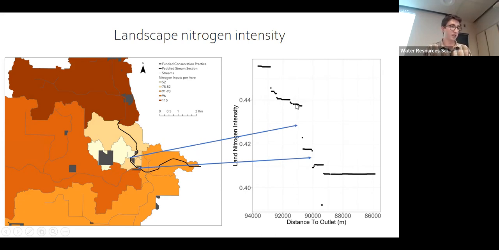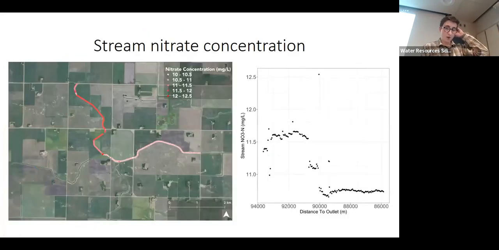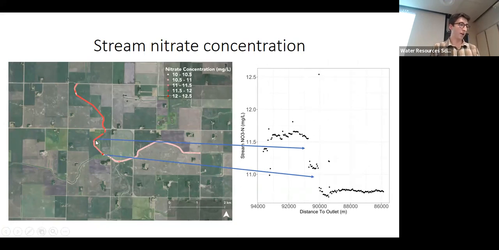And this happens kind of drastically, but also more gradually as well. We can compare that landscape data to this in-stream data that we've measured with our sampling platform. And we see this very similar pattern where we paddle past these areas that are draining these regions in the landscape, and we see these decreases in nitrate concentration.